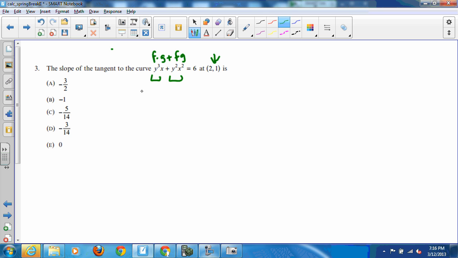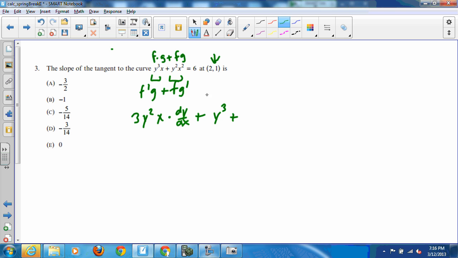So just recall that f prime g plus f g prime. So we're going to take the derivative of y cubed, which is 3y squared. Don't touch the second one. And since we just took the derivative of y, we need to write dy/dx, plus the first times the derivative of the second, which is just 1.